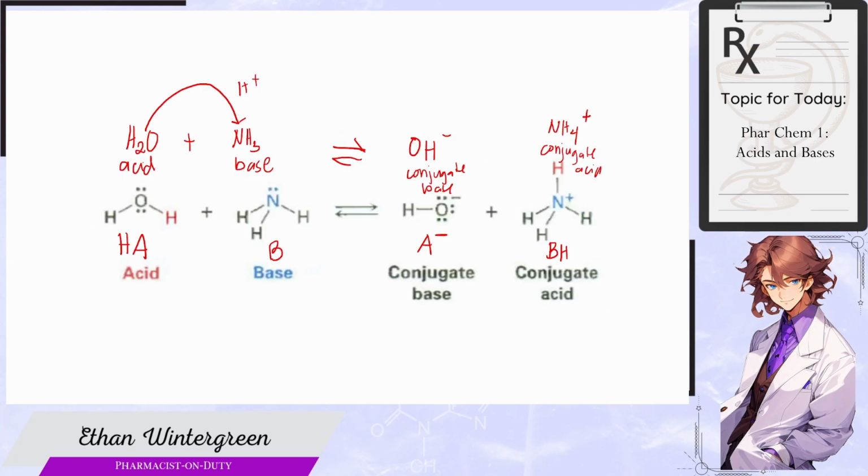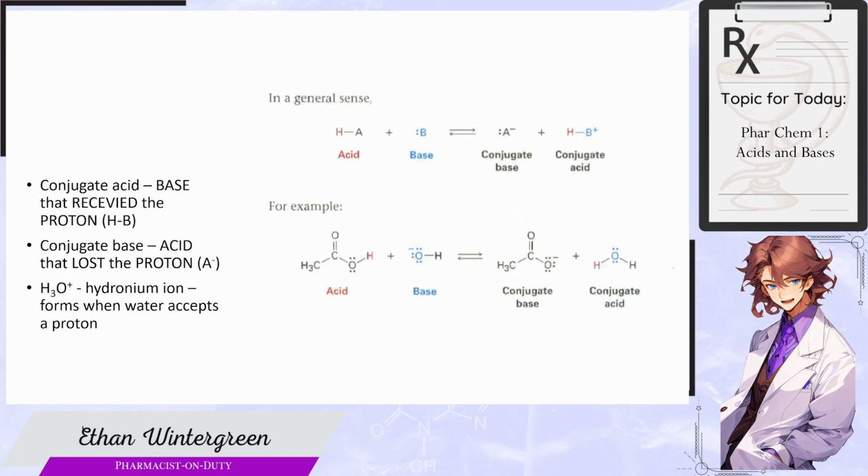Okay. So again, a conjugate acid is the base that received the proton. The conjugate base is the acid that lost the proton. And H3O is a form of water when it accepts a proton. So let's reiterate.